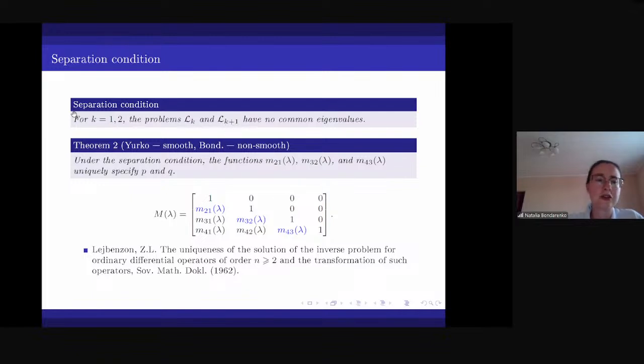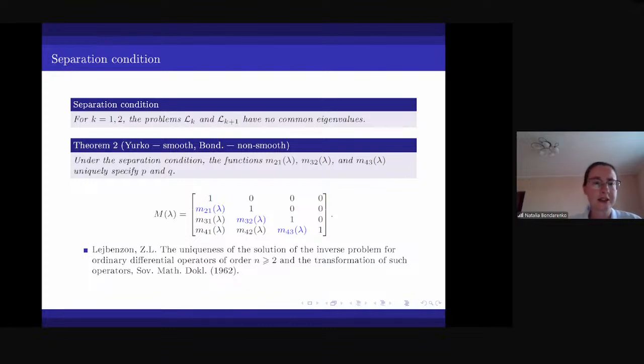So if we assume the separation condition, it means that no 2 neighboring columns, in this case the first column and the second column, and similarly the second column and the third column, have no common poles. The problems L_1 and L_3 can have common eigenvalues, so this is only for neighboring problems.